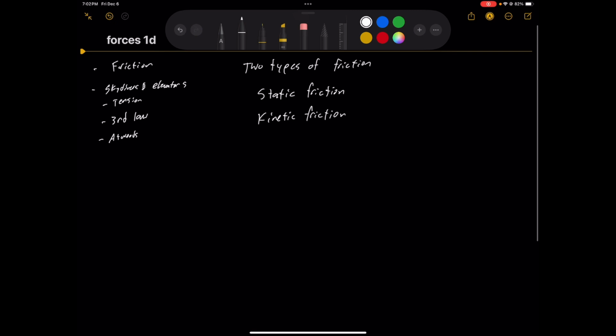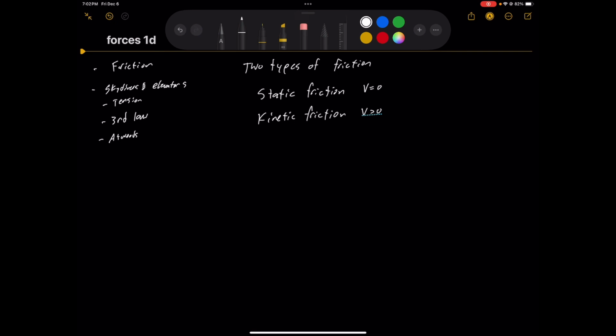So the static friction, again, is when the surfaces are not moving, right? They're static, okay? So I'm going to say this is when the velocity is 0. So the velocity between the surfaces is 0. That's where we're in the realm of static friction. And then the kinetic friction is obviously once it starts to slide. So there's this point where the objects are going to slide past each other. They're going to slip. And that's where it goes from static friction to kinetic friction.